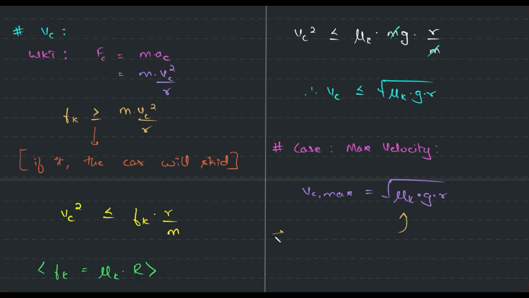So your homework is to experience this. When I tell you to experience this, what you can do is look at mu_k, that is how the road is, the tire will be the same, you are on the same vehicle, and the radius, so the banking basically.